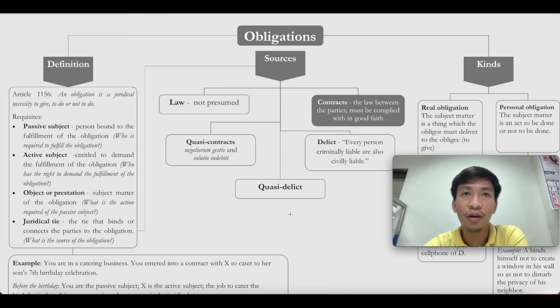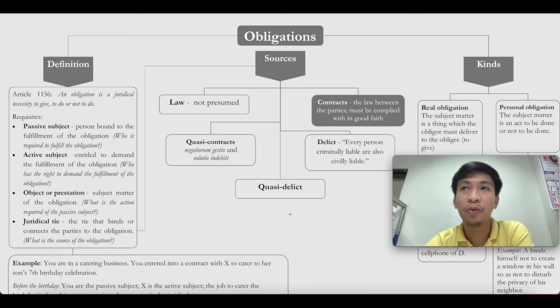These are what we call quasi-delicts. And under the law, you are required to pay someone whom you committed a quasi-delict to. For example, may nasiraan ng property, you need to reimburse the amount of the property that was destroyed. Kung namatay yung isang tao, you need to pay indemnity sa pamilya niya for loss of earning capacity, di ba?